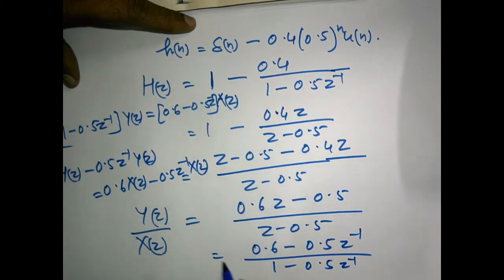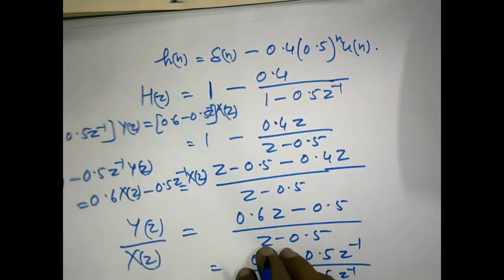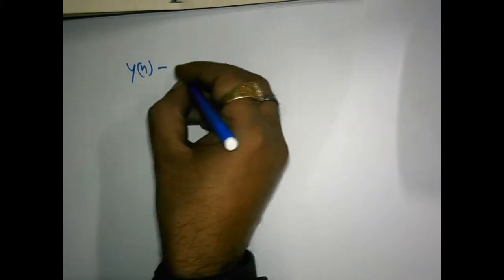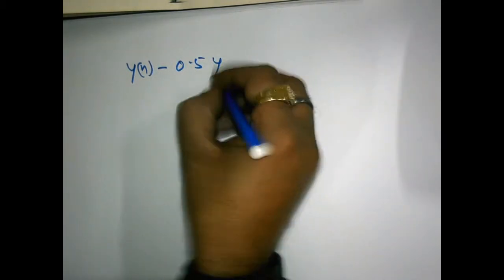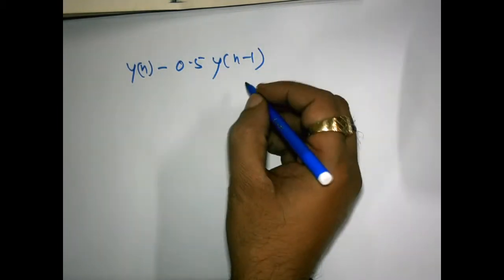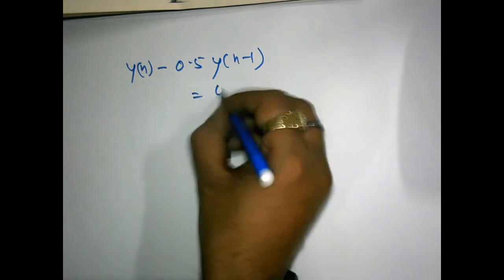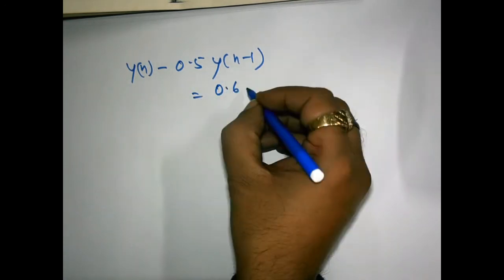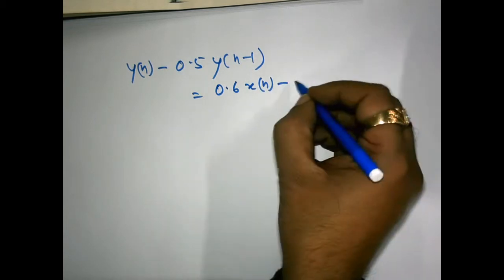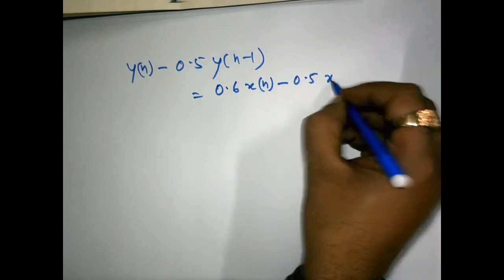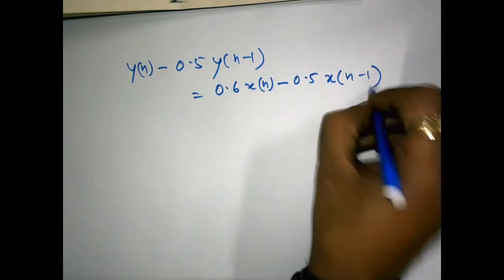So this will correspond to, if I change the page, y[n] − 0.5 y[n−1] = 0.6 x[n] − 0.5 x[n−1].